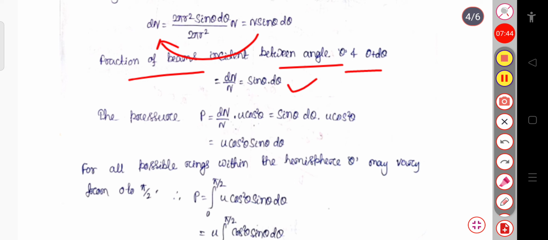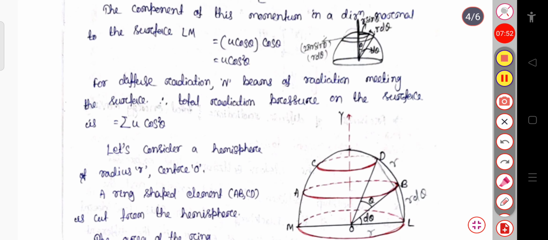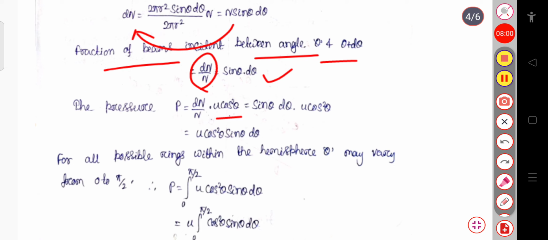So the pressure will be equal to this fraction of beams into u cos square theta, because you know u cos square theta means the total radiation pressure on the surface. Now dn by n is sin theta d theta into u cos square theta, that will be equal to u cos square theta sin theta d theta.